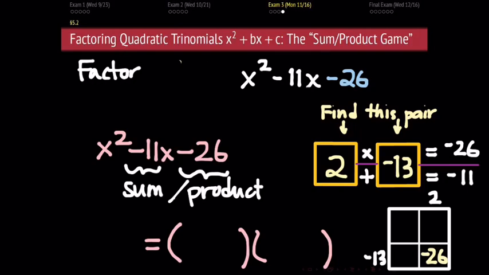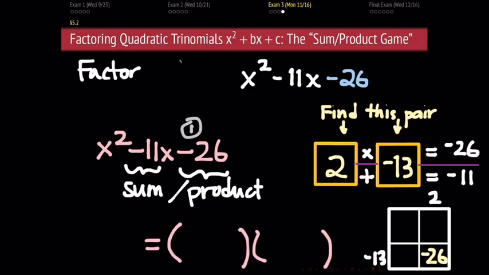And start your search by looking for numbers which multiply together to give you negative 26. And you could go through a variety of different possible choices. Not every possibility is going to work, but the possibility which does work works precisely because when we add these numbers together, we get negative 11. But the role that negative 11 plays in our original expression is that it's the coefficient of x to the first power.